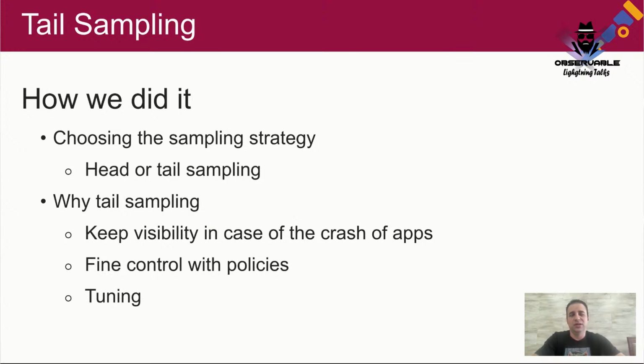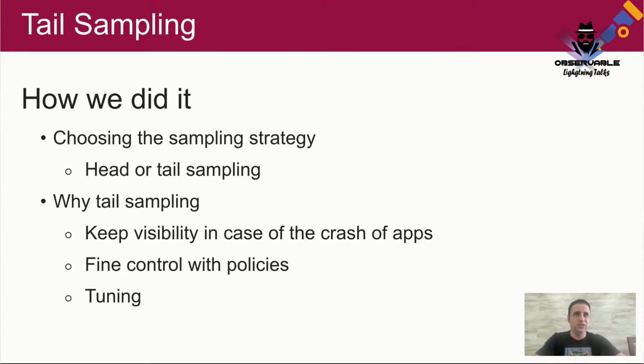For example, you can set a minimal latency to be stored or not. Imagine that for some reason the transaction is taking a long time. If it passes a specific threshold, you can store this data to understand the behavior. What is the step where the application is taking a long time? So there is fine control in terms of the policies that you can use with tail sampling.